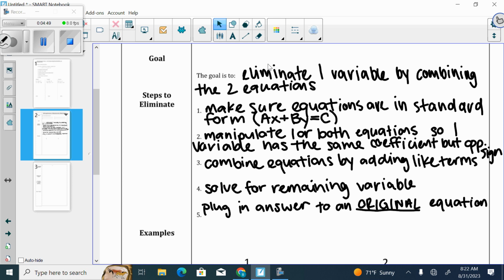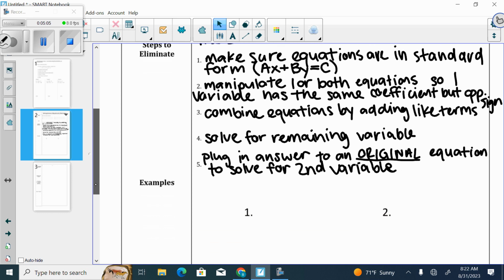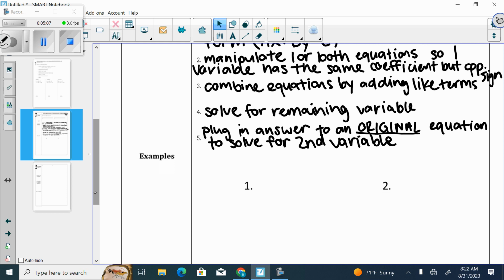To solve for the second variable. Also, make sure at the very end we do go back and write our final solution as an ordered pair.